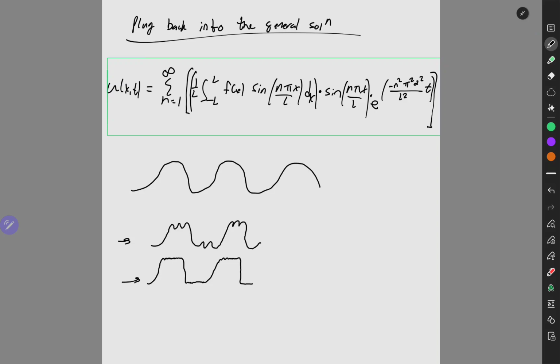Say a period is from negative L to L, and your particular function only goes from 0 to L, well, you might have to make what's called either an even or odd extension on the function in order to solve the Fourier series. So we're also going to look at that after some examples. So I have 5 examples, and then probably a little video on half range extensions and then an example.